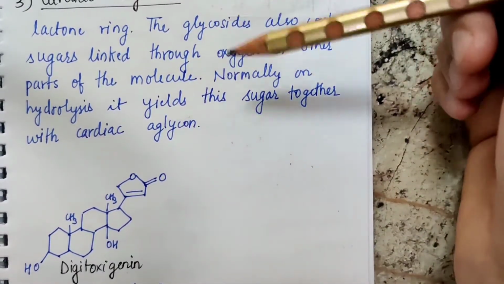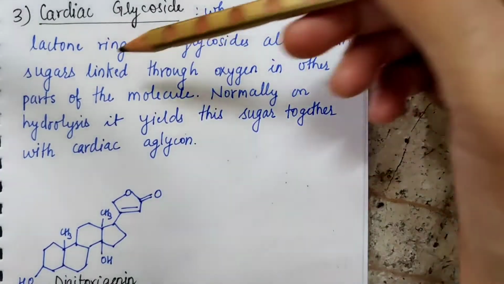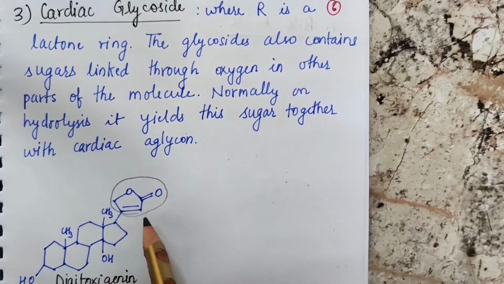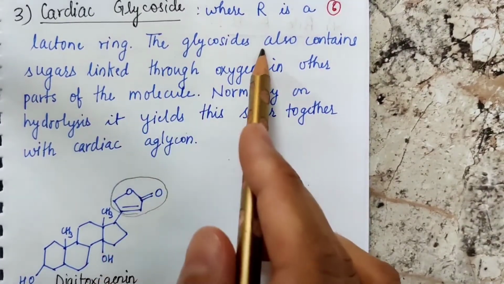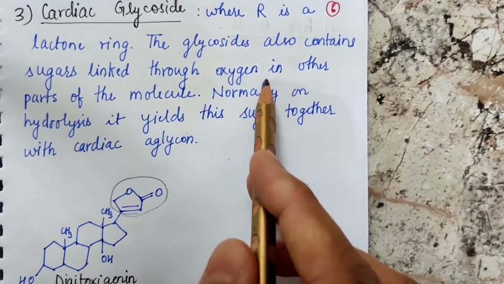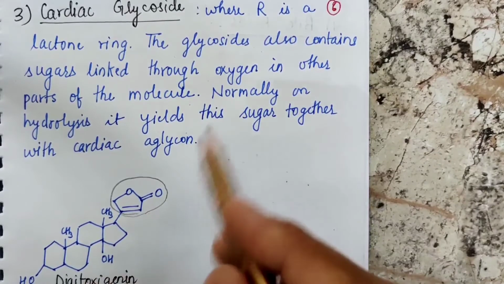Third, cardiac glycoside. Cardiac glycoside is where R is a lactone ring. So this is lactone. So R is a lactone ring. Glycosides also contain sugar linked through oxygen in other parts of the molecule. Somewhere in it, sugar will be linked.